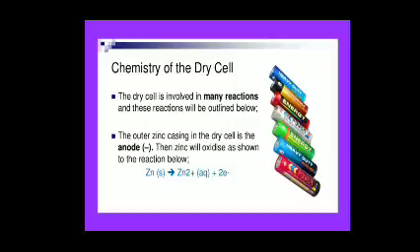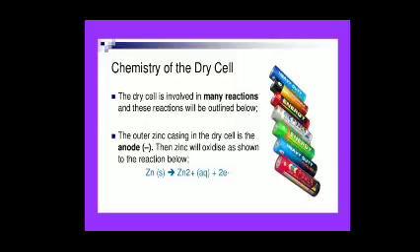The dry cell is involved in many reactions, and these reactions will be outlined below. What are the reactions? The outer zinc casing in the dry cell is the anode.